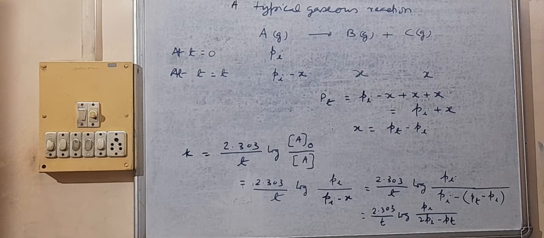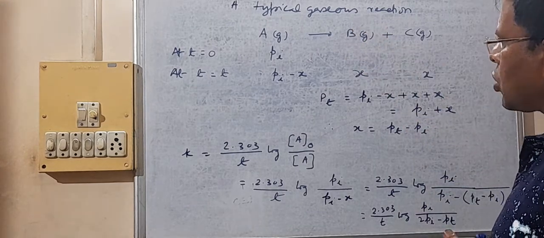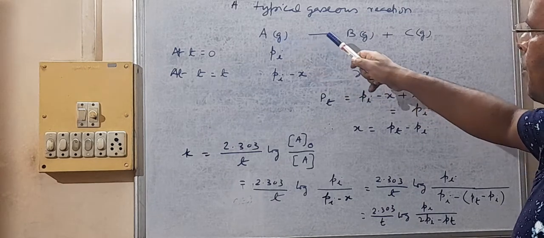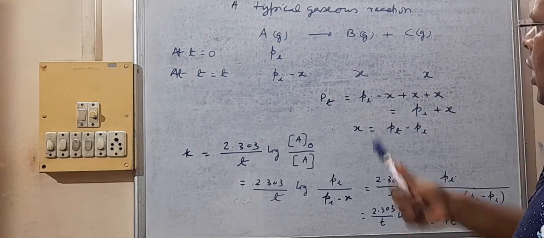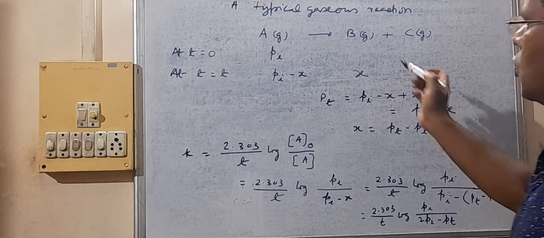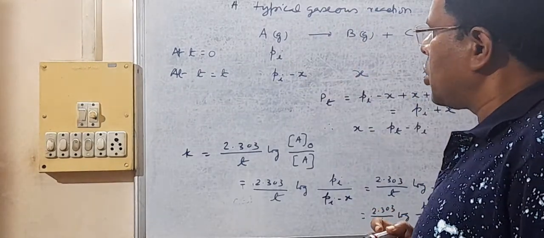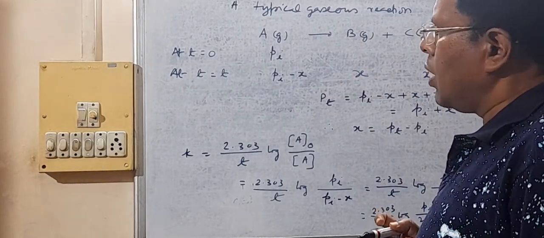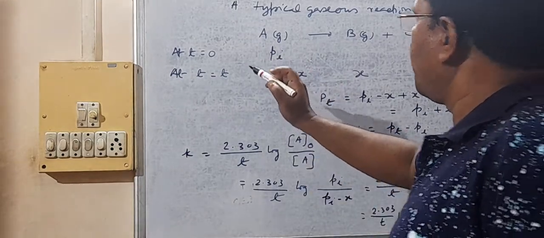Okay, children, next we have here a typical gaseous reaction. Suppose A gaseous forming B and C as products, both are gaseous, and it's happening inside a container. Suppose the initial pressure of the system, that is at time t equal to 0, is Pi.